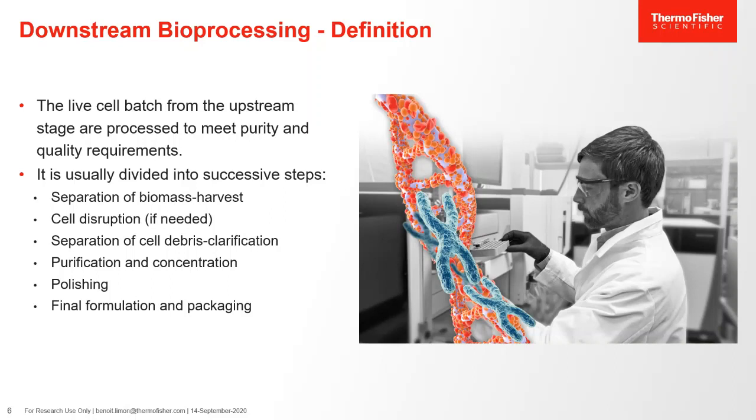Sometimes the cells are disrupted and the product of interest is released from the cell. The supernatant containing the product of interest is then clarified to remove the cell debris, and then purified and concentrated, polished, and then finally formulated and packed.